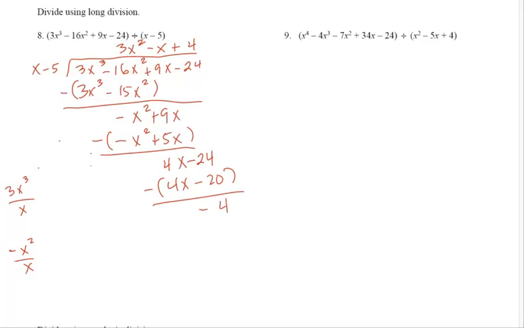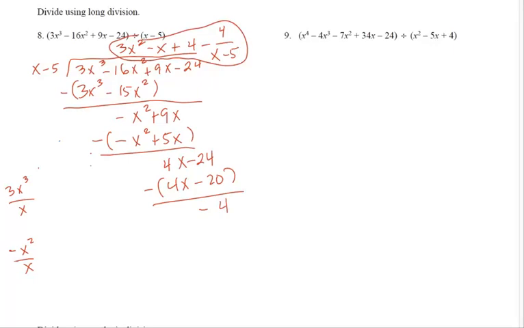And some of you, I noticed on our quiz, you're not putting a sign here in between the polynomial answer and the remainder. So since this is negative 4, that means this is going to be minus here. And since that takes care of the negative, my remainder is shown as 4 over x minus 5. And there's your answer for number 8.